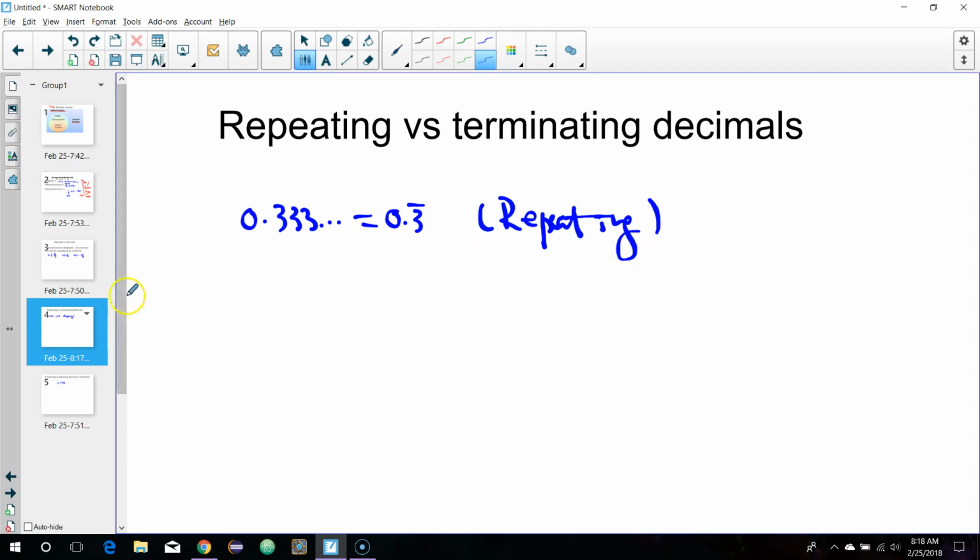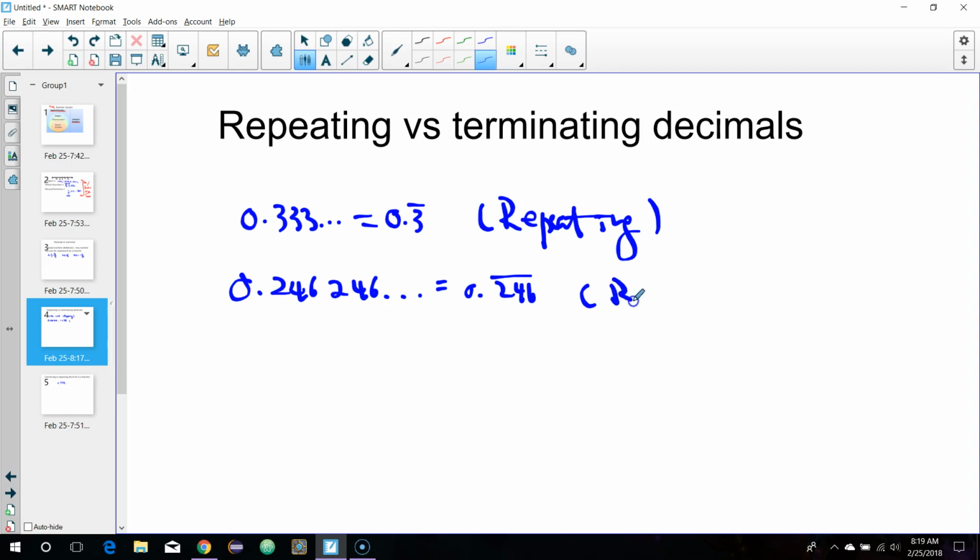Another example would be 246, and then we do 246 again. The pattern is that after the 246, we have the same pattern again. So in this scenario, it's going to be 246, and that dash is going to be a little bit longer. We are repeating these 3 digits.